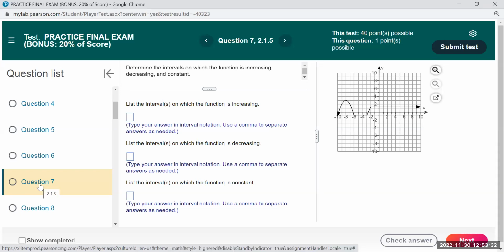Number 7. Determine the intervals on which the function is increasing, decreasing, or constant.